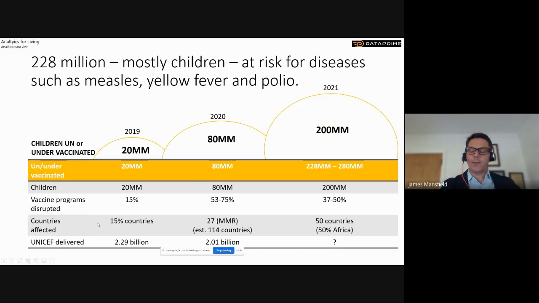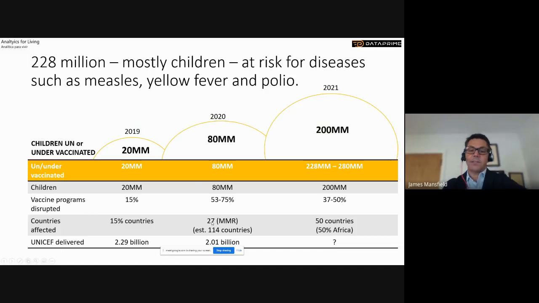Then the next question we ask is, why and where is this happening? In 2019, about 15% of the countries that vaccinate were disrupted. If we look at 2020, there are about 114 countries that potentially had disruption of vaccine programs.